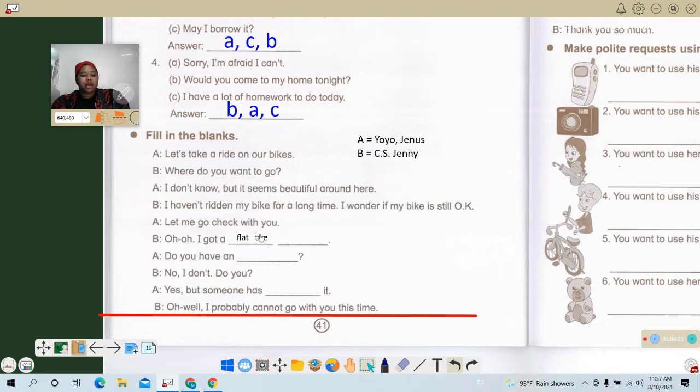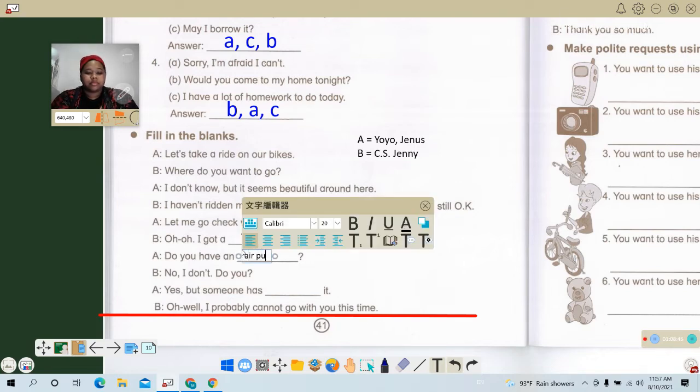And then, next one. Do you have an... What is it, Jason? Do you have an air pump? Very good. No, I don't. No, I don't.